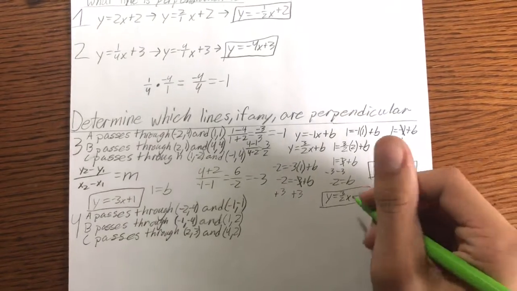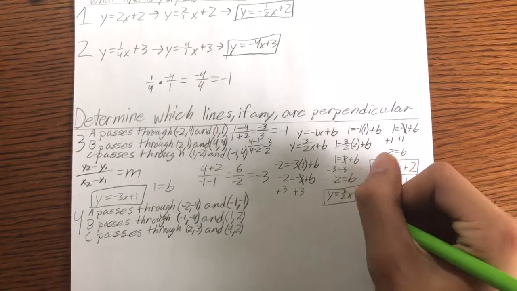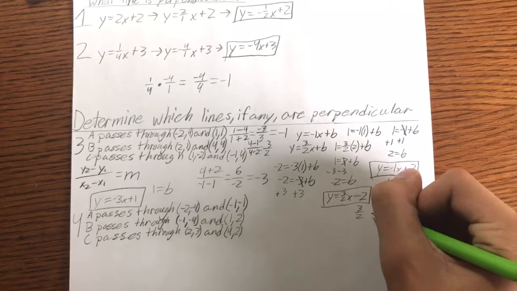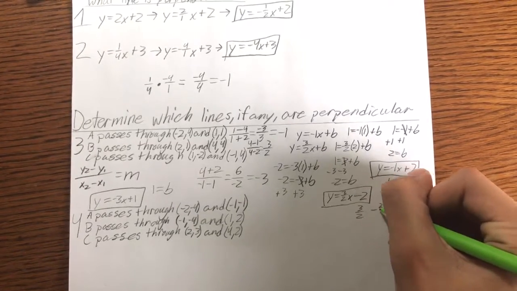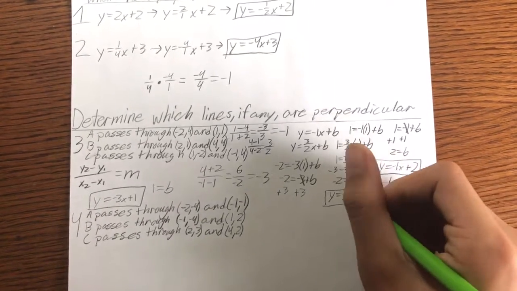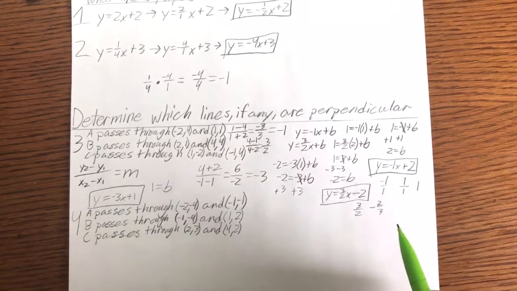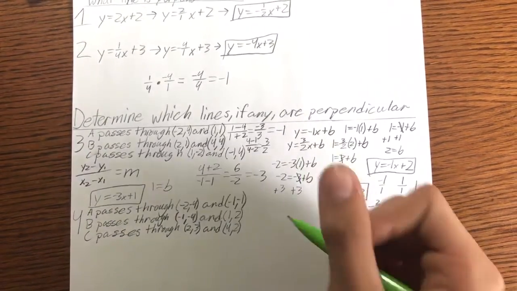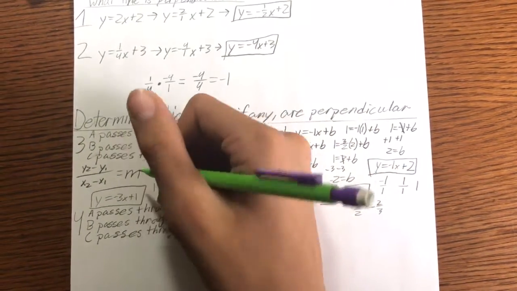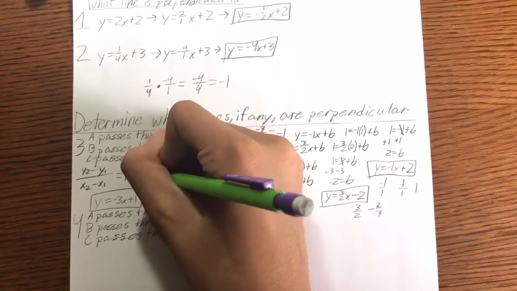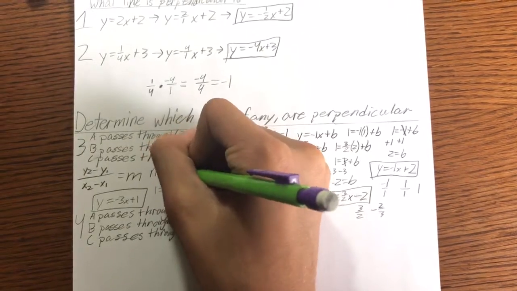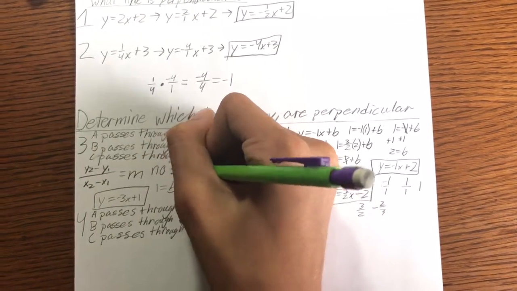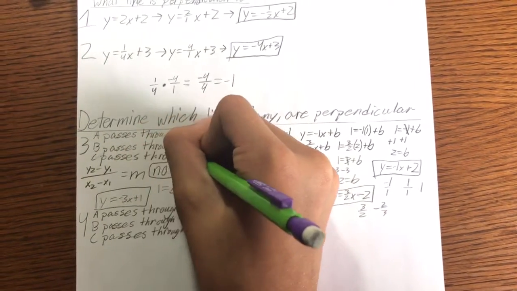Let's try this one. That is 3 over 2, which makes it negative 2 over 3. That doesn't match up with either of these either, so that means that there's no solution. And that's your answer.